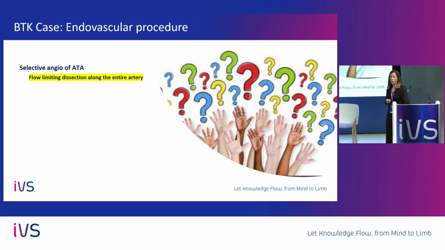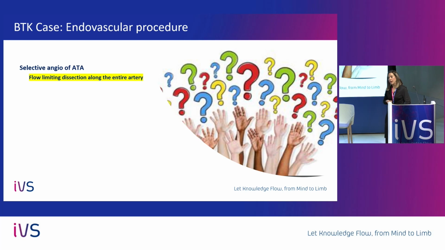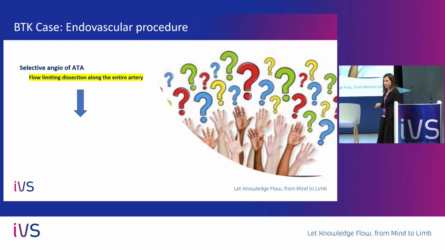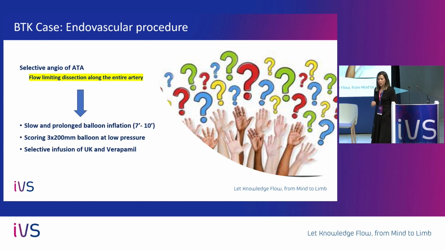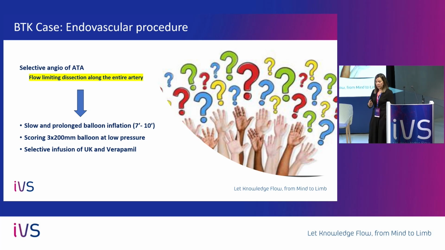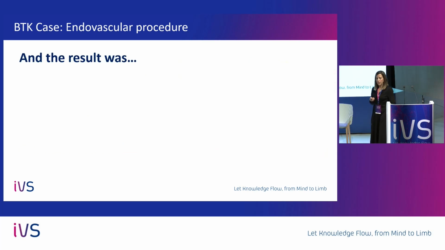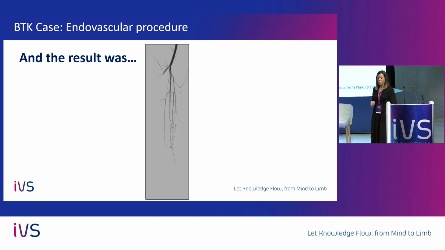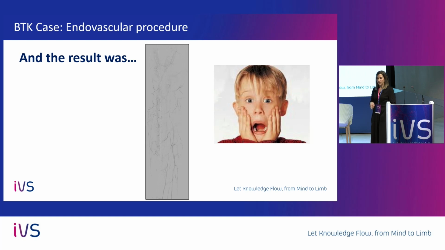Okay, so what we did, we saw with a selective angio a flow limiting dissection along all the anterior tibial artery, and we decided to do another inflation, more infusion of verapamil, slowly, keep calm, no rush, and after that, the result was once again this.